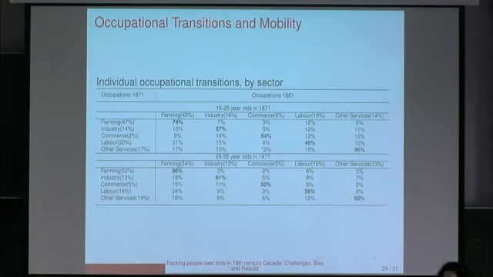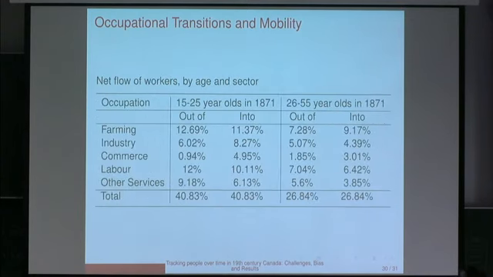You can understand the categories, but you don't really know the transitions. So when you have the longitudinal data, you can actually say something about net flow of workers and how it changed from some sectors to others, where people moved out of which sectors and into which sectors, because you actually looked at how those people changed occupations.